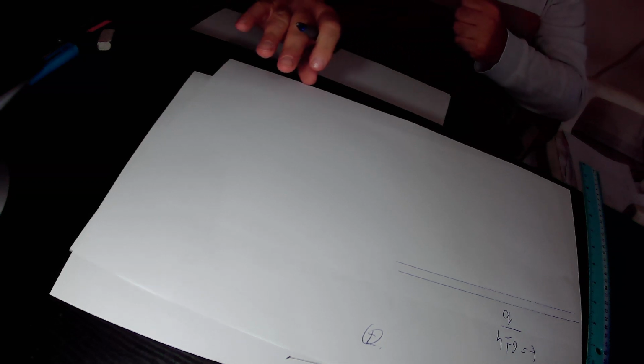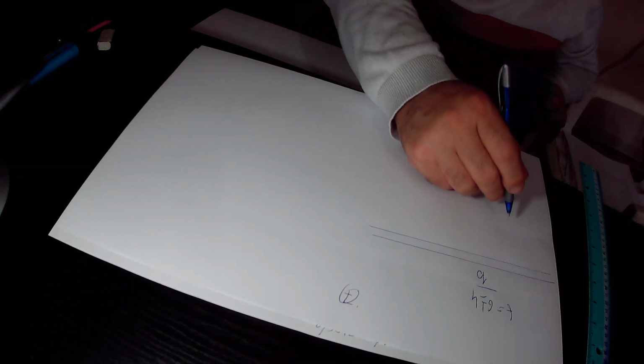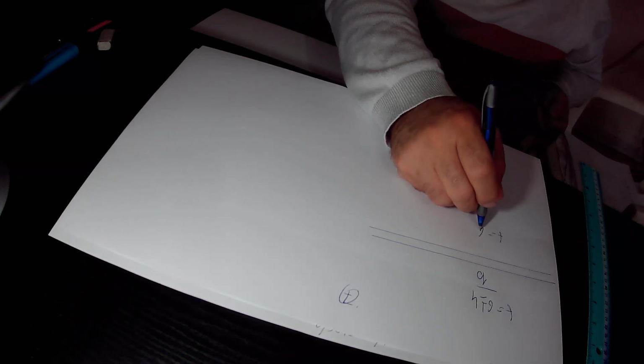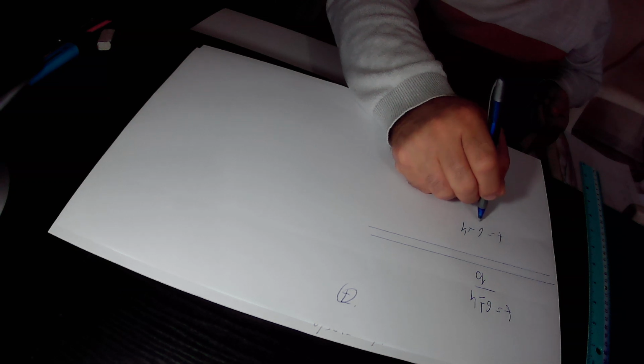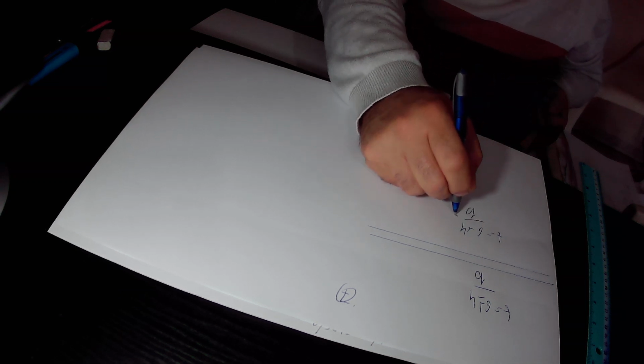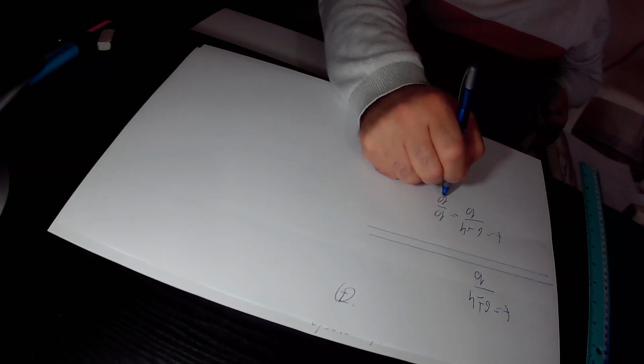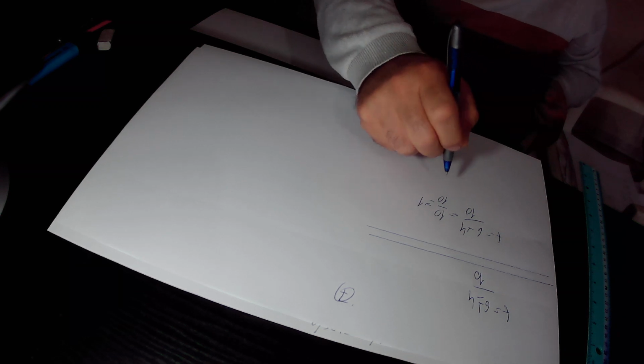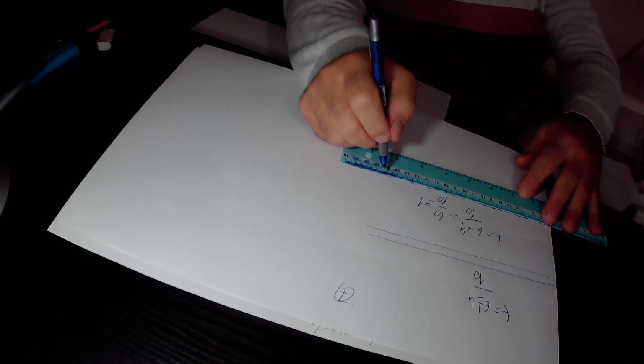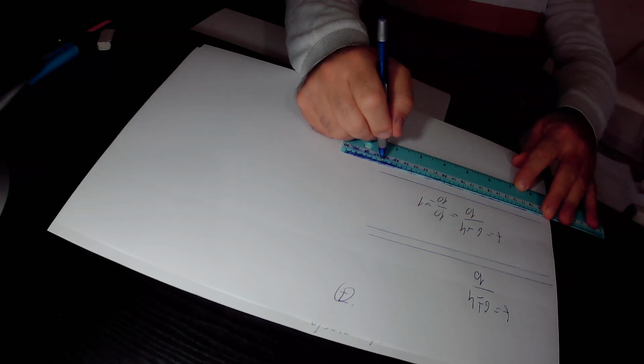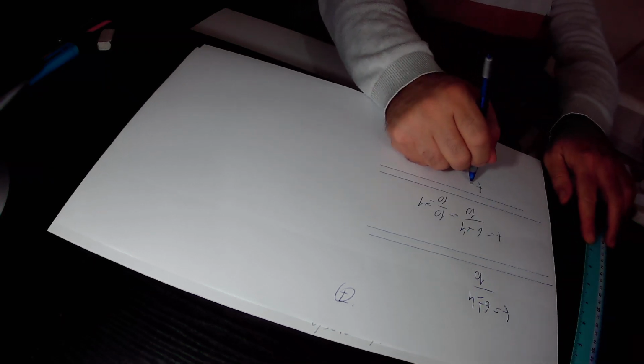Here we have two possible solutions for t. The first solution is t equals 6 plus 4 over 10. 6 plus 4 is 10, and 10 over 10 is 1. So according to the first solution, t equals 1.